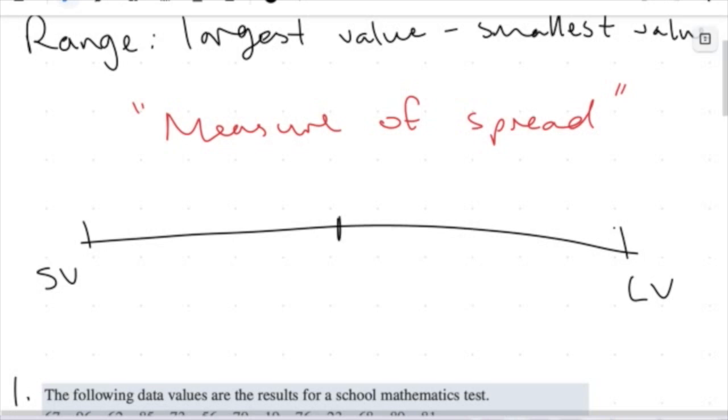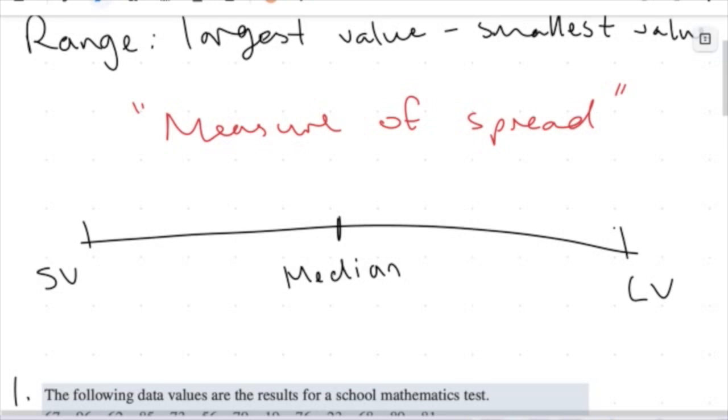We remember right in the middle here, when we write out all of our values from smallest to largest, because remember we always look in ascending order when looking at data, we measured the median. So the median gave us the very middle value, the one that when we have all of our data spread out, smack bang in the middle is what we call our median.